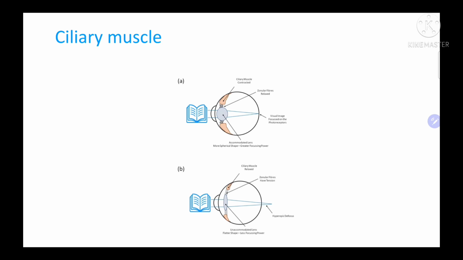This is the accommodation. In the neurological exploration, we put the finger very close to the patient and see how the eye accommodates, and then we put it far. It's the same as we do with cameras.